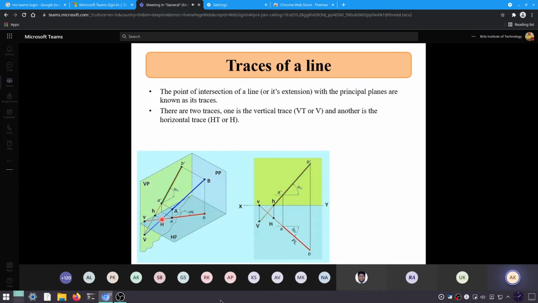You will see that this particular line HB, if we are going to project it on the vertical plane to get the front view, we'll see the projection will meet at point small h over here, right?